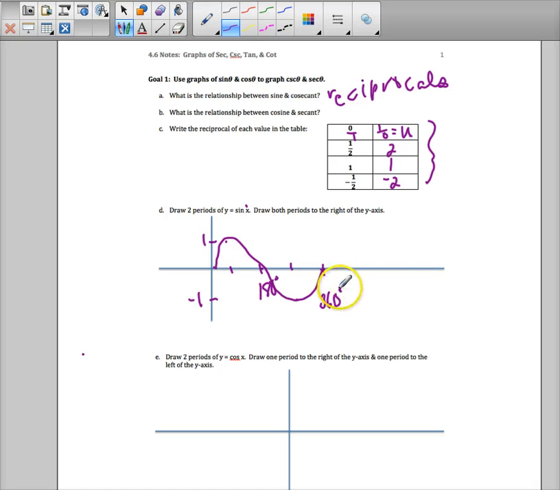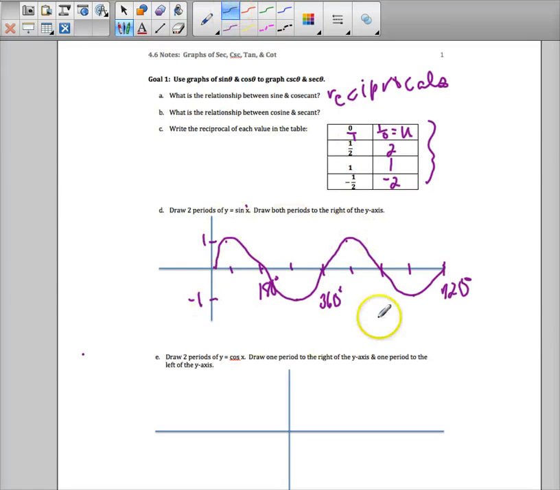Then our second period is still 360 degrees in length, so 360 plus 360 is 720. Mark 4 equal parts, and let's draw our second period of sine.